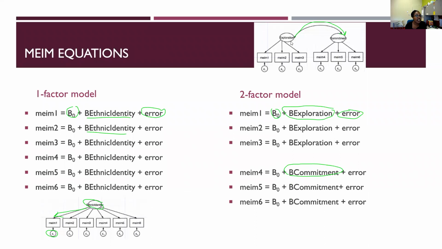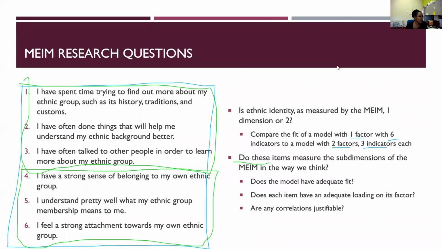Let me show you what that would look like. That would say, boom, add this arrow and have exploration predicting mean 5. First off, you don't want to do this, because is mean 5 part of exploration? Let's go back to that item: I understand pretty well what my ethnic group membership means to me.